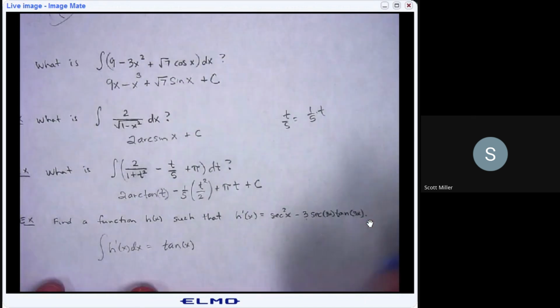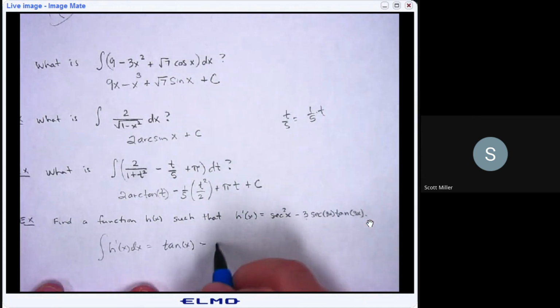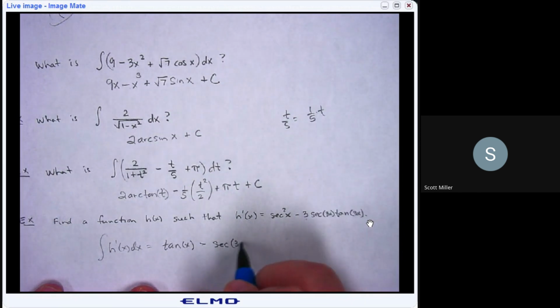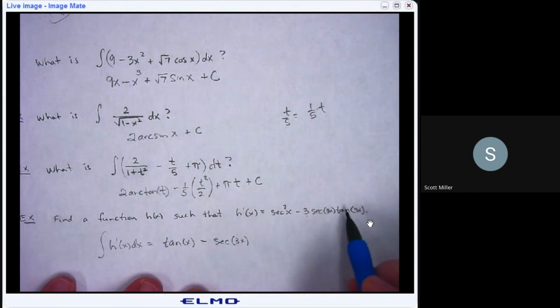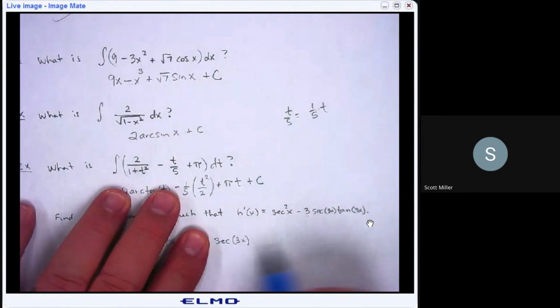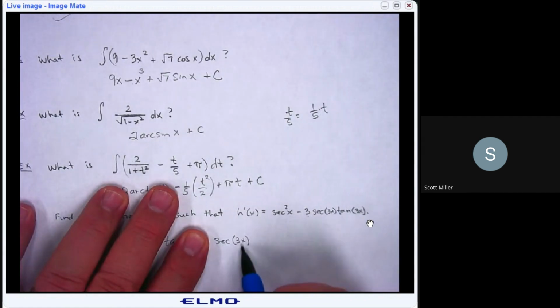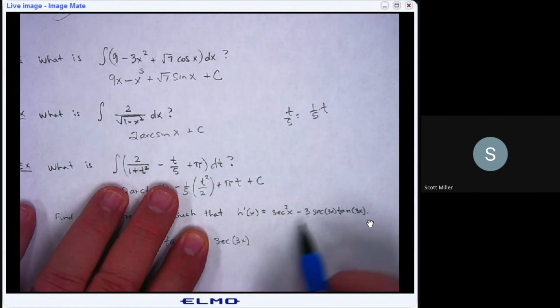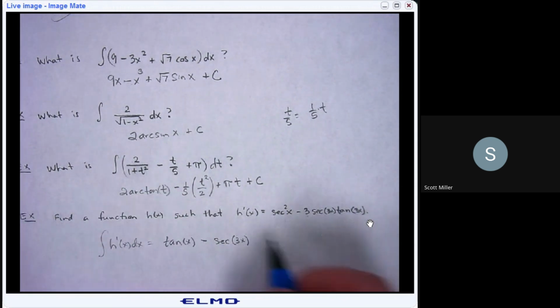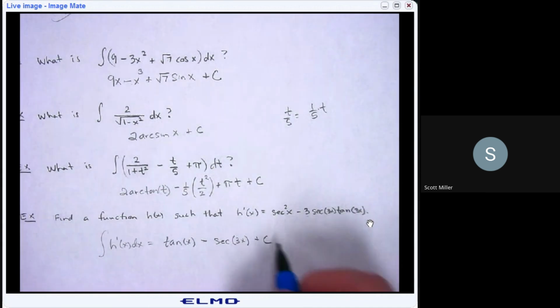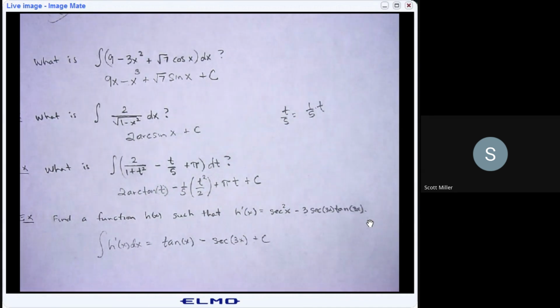And so this over here just simply becomes the secant of 3x. And you should always pause and check your work. The derivative of the secant is secant tangent times the derivative of this, which is 3. And there it is. And then the last thing here is we want to find plus C. Okay? And this represents all of them.